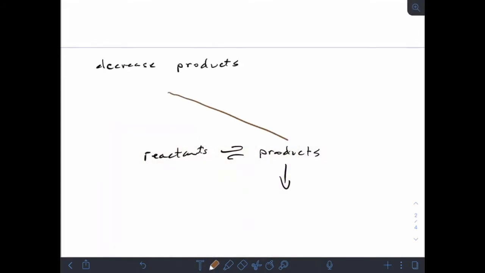So my plank gets tilted that direction, and the ball rolls towards more products. So we shift right to make more products.